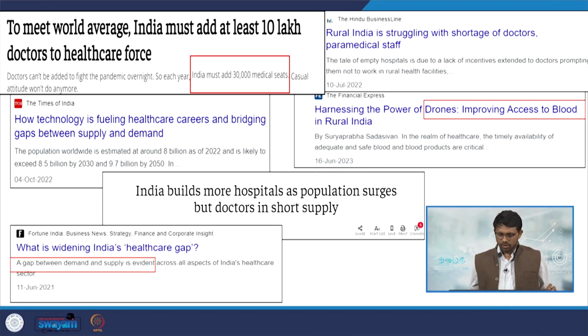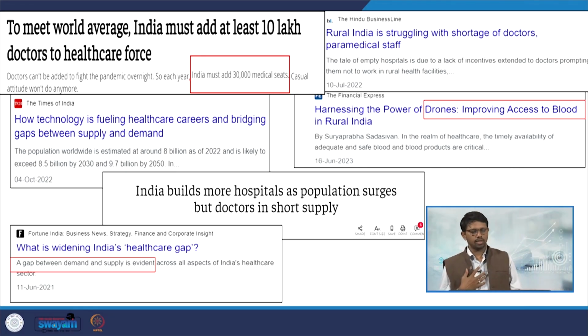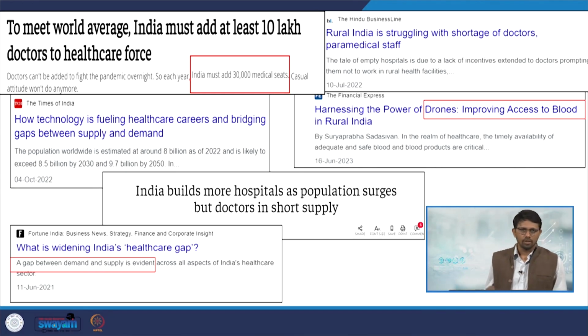and especially the tale of empty hospitals is due to a lack of incentives extended to doctors, prompting them not to work in rural health facilities. Even two of my own writing in newspaper from their editorials are on healthcare quacks, how supply side actually created some form of irregularities in the healthcare system.